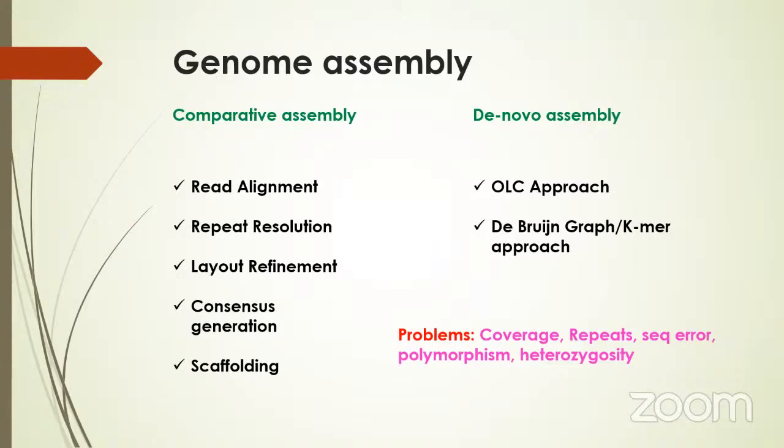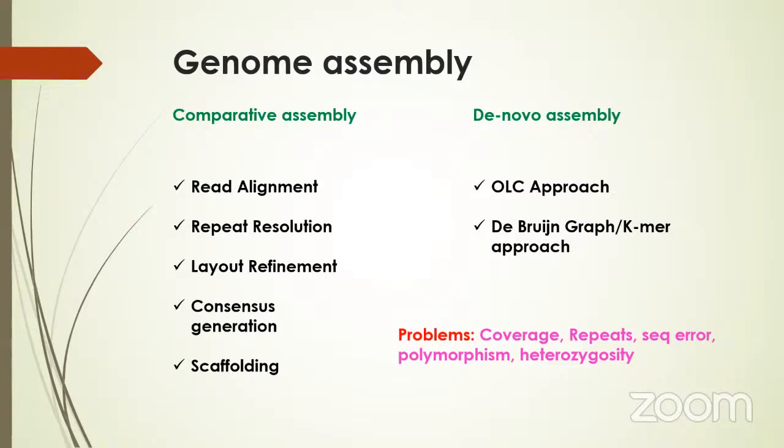So, coming to comparative assembly. Comparative assembly is basically alignment with the help of a reference genome. As I said, there are a few steps. One is read alignment. Read alignment means each shotgun read you have has to be aligned with the reference genome using a computational tool. Generally, MUMmer is a good software.